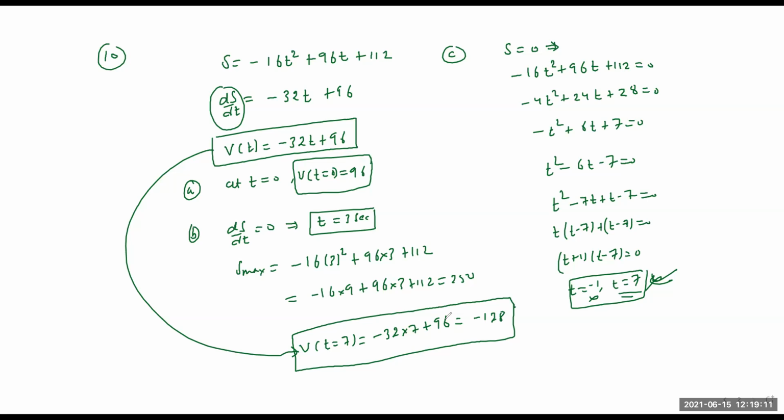Because minus 1 is not possible, we will take t equals to 7 second. And when you substitute the value of t equals to 7 second into the formula of velocity, you will get the answer minus 128. And the minus represents it is going down. So that is the physical interpretation of the minus here.